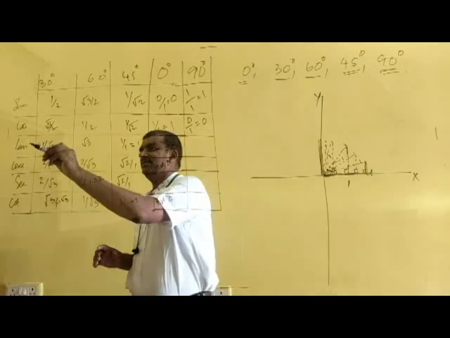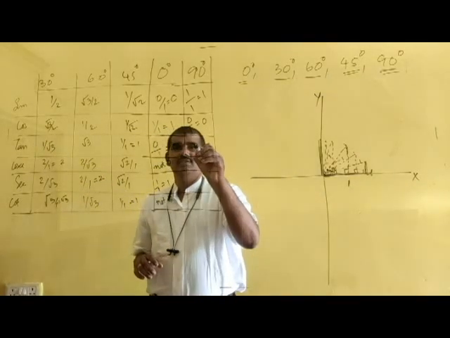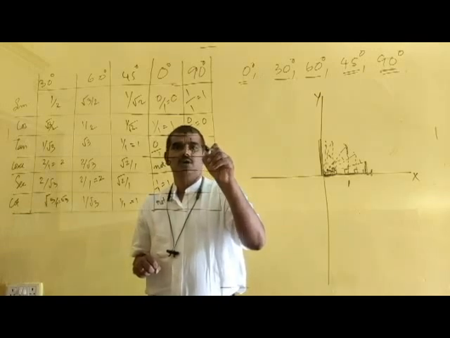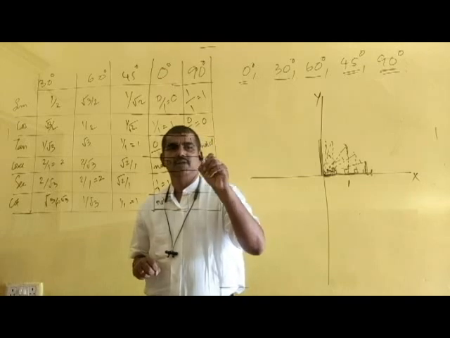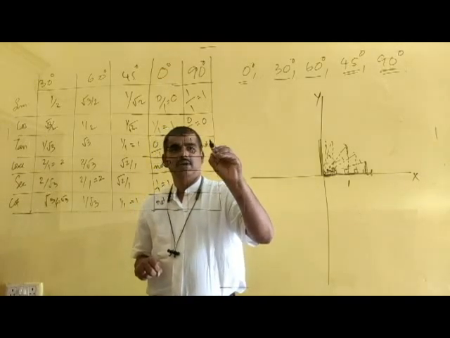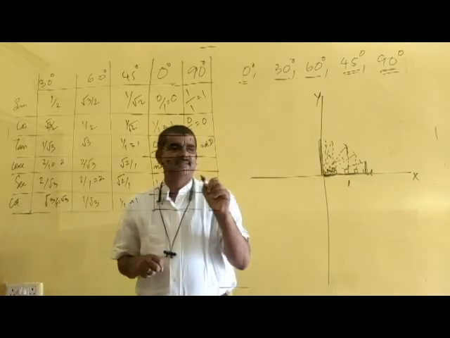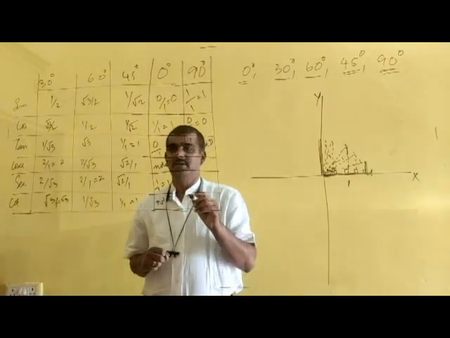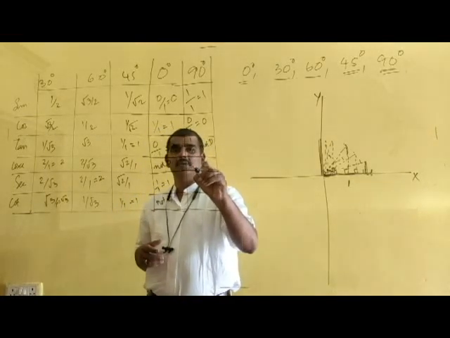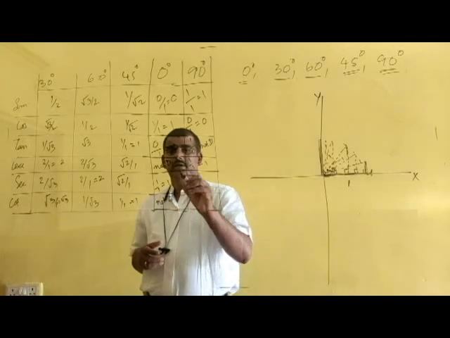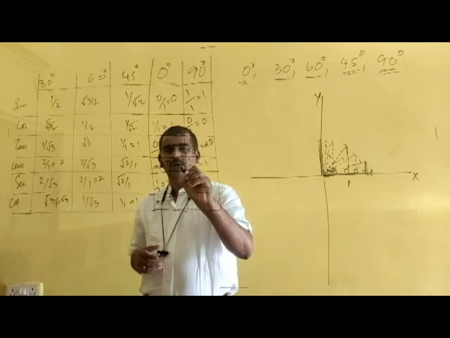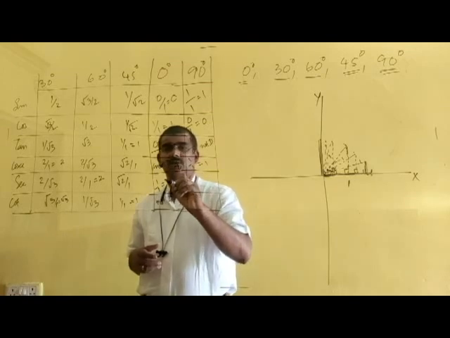And what is tan? Tan is opposite side by adjacent side, 1 by 0, that is not defined, because the adjacent side is 0 in the case of 90 degree. Then its opposite, cosec, is also 1 by 1, equal to 1. And this is 1 by 0 only, that is why it is not defined.